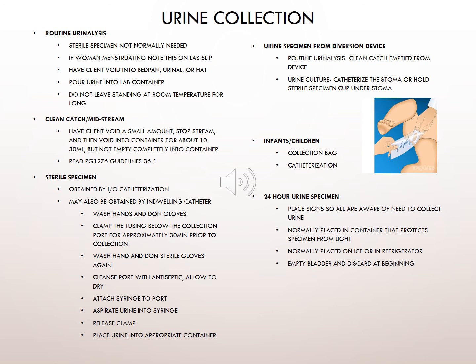If we need a sterile specimen from a patient, then we have a couple of options. If they don't have a catheter in, we need to obtain what's called an in and out catheterization. Again, we will show that in a little bit in a different PowerPoint, and you will be learning how to put a catheter in a patient.